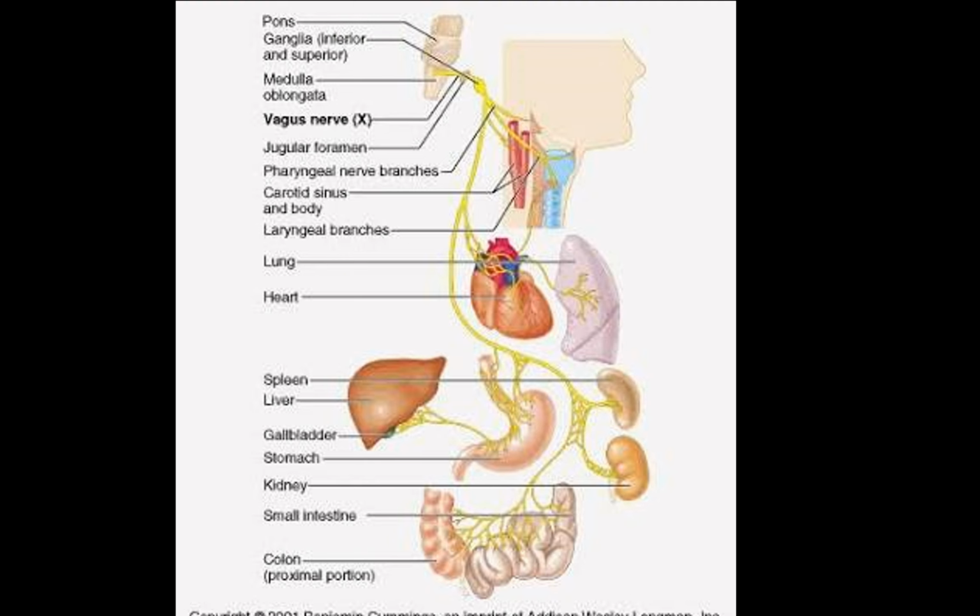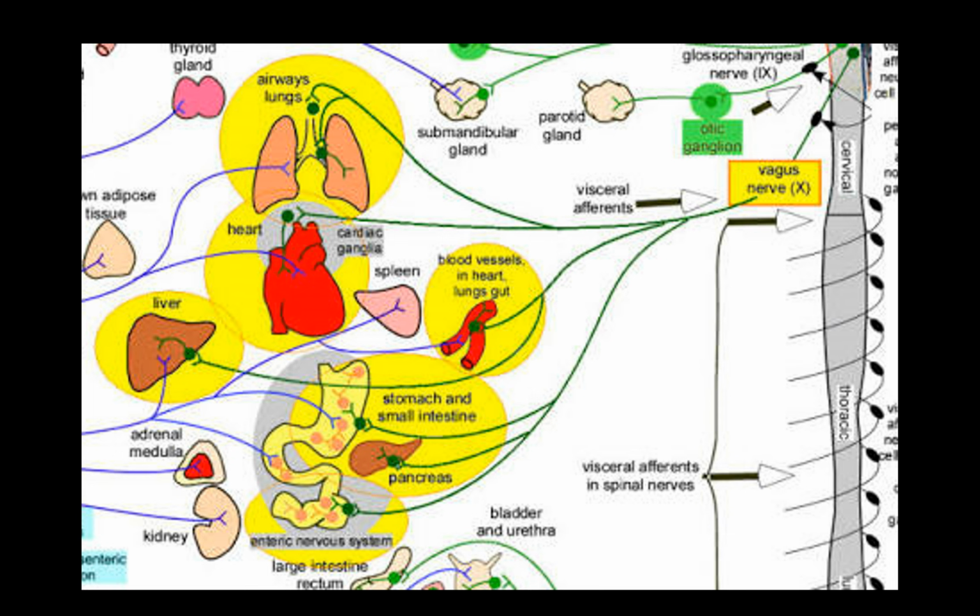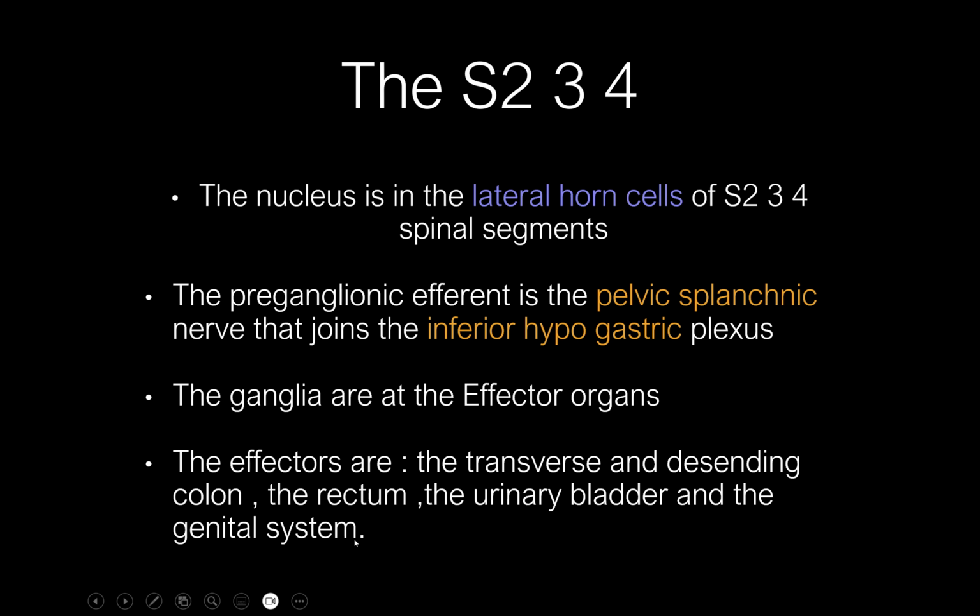So this is the supply of the vagus nerve: the lung, the heart, the liver, the spleen, the carotid, adrenal, stomach, intestine, and large intestine up to the cecum. The transverse colon, descending colon, and rectum are supplied by S2, 3, 4 segments, not the vagus.